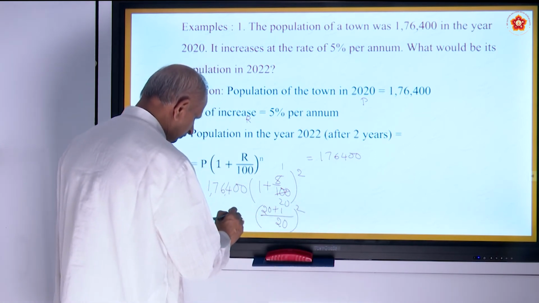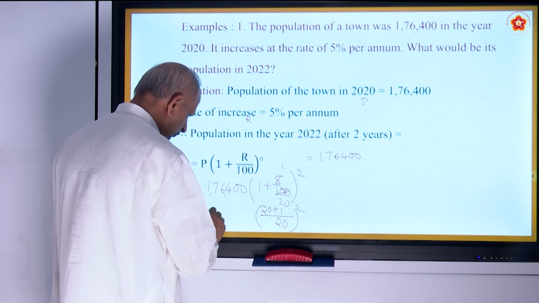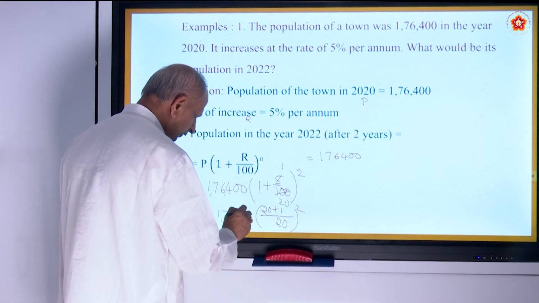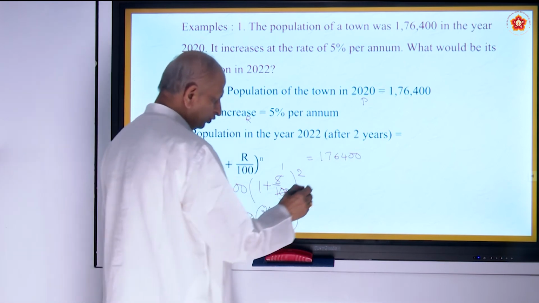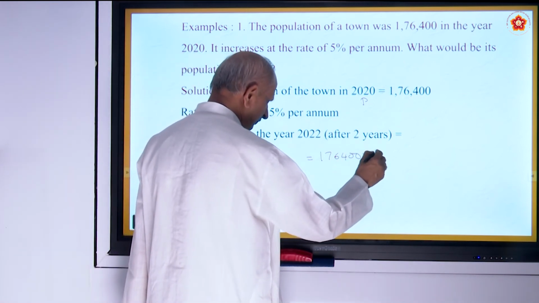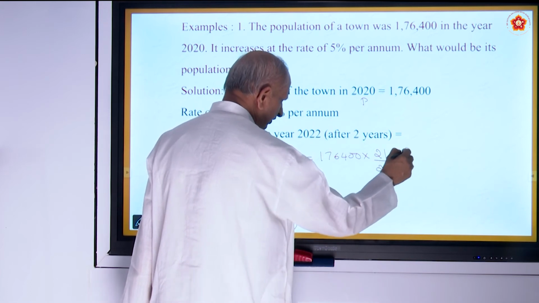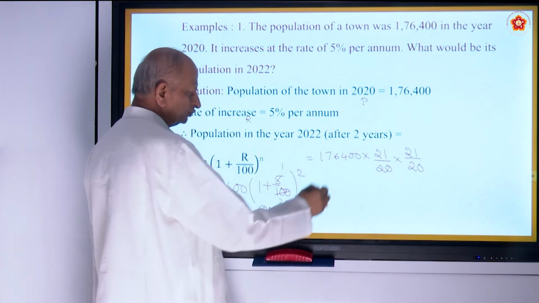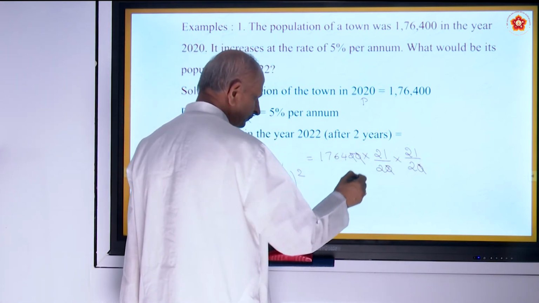So here we have 1,76,400 into 20 plus 1 by 20 whole square. 20 plus 1 is 21 by 20 into 21 by 20. Correct? So 0 0 cancels, 0 0 cancels.